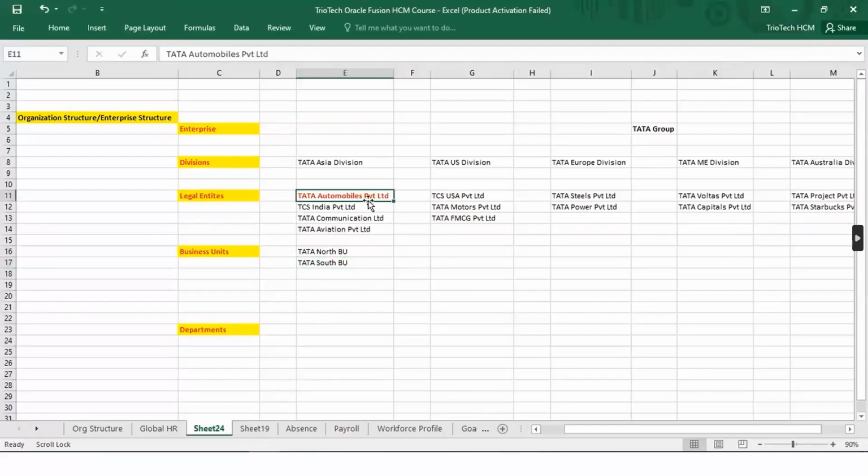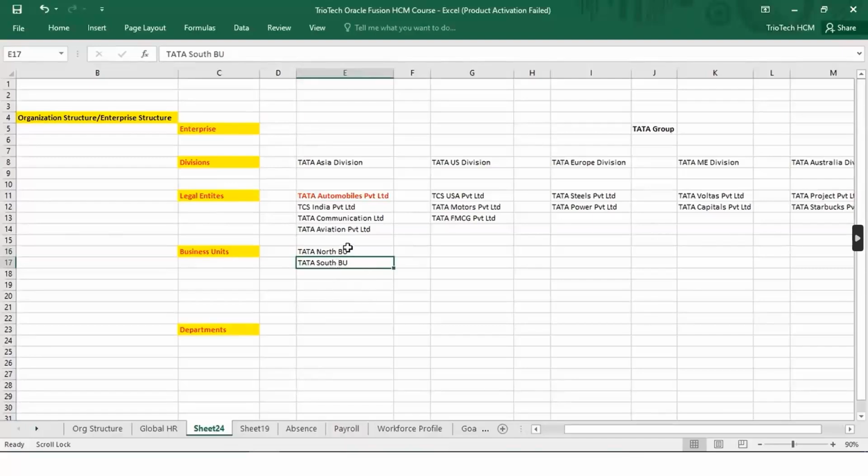Tata Automobiles is a company which our client has in India. Then further under that company, the client has two business units, operational units, based upon location. All the North operations he categorized into North business unit. All the South operations he categorized into South BU.